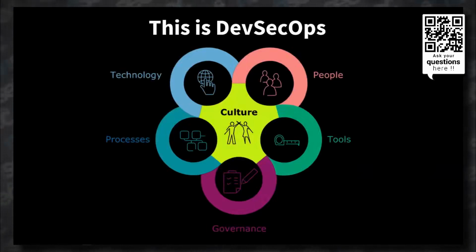It's a culture in which responsibility for delivering secure code that's stable and efficient into our environment is a shared responsibility across the organization. Sure, we call out developers, security, and operations with DevSecOps, but it's even bigger than that.